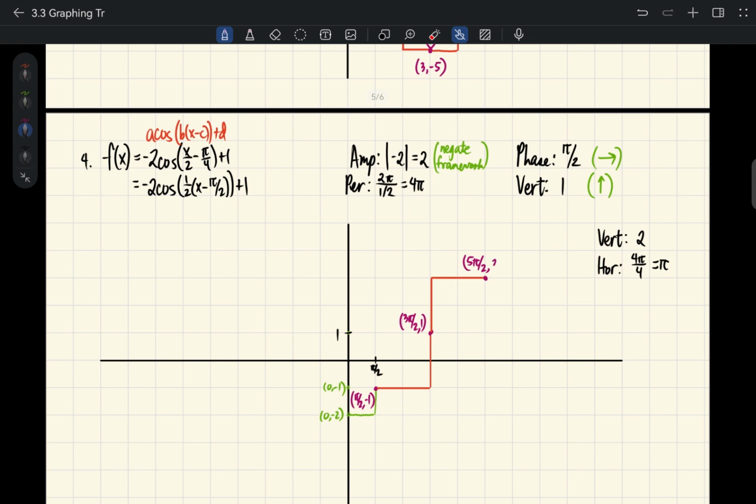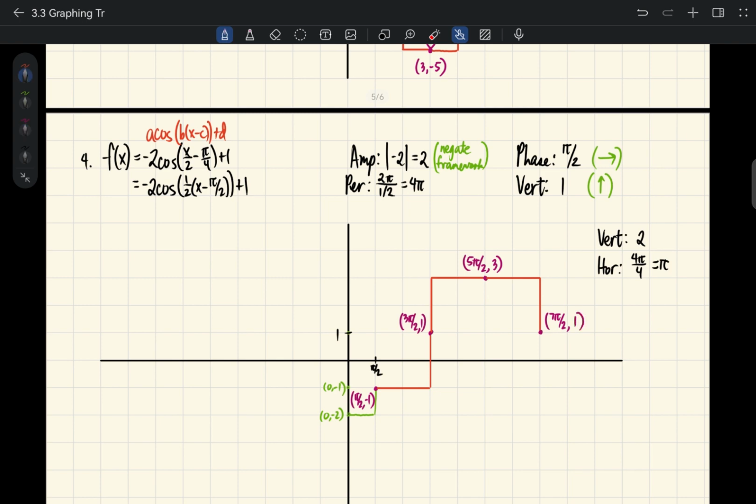So 1 plus 2, that's 3. Then after that, move pi units to the right and 2 units down. We have right here, so 5 pi over 2 plus pi, that's 7 pi over 2, comma, since we went down 2 units, we subtract 2 from 3. So 3 minus 2, that's 1.